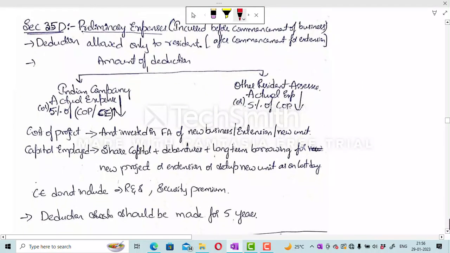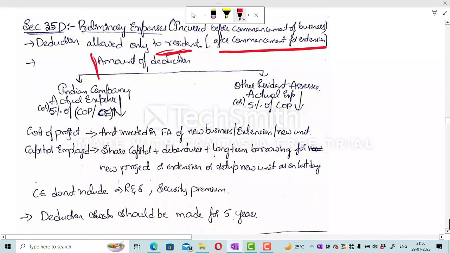There will be a lot of expenses. We incurred these expenses before business, when we do not have any profits to set them off against. So it is beneficial to the resident to deduct that expense after commencement of business.